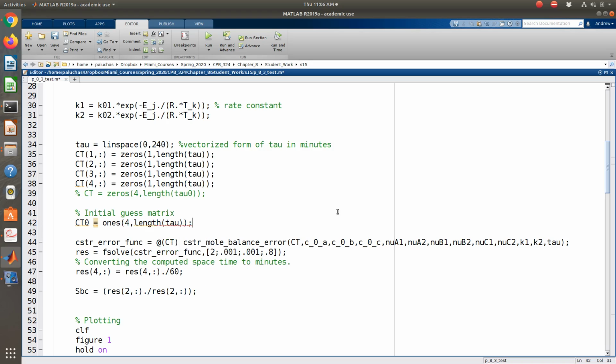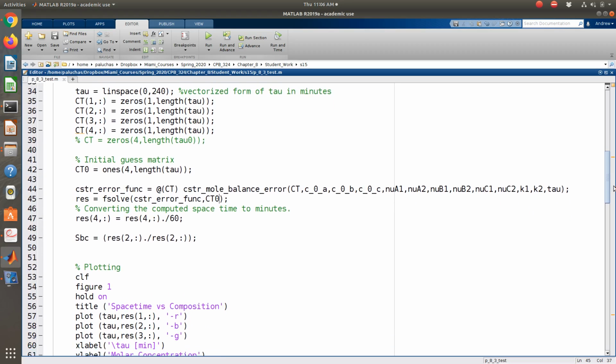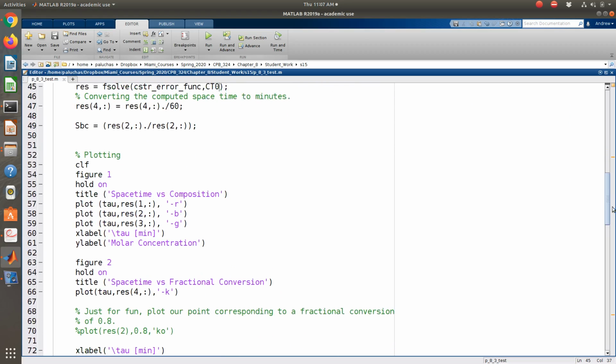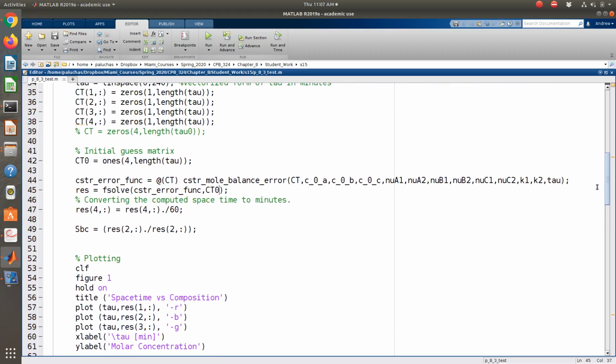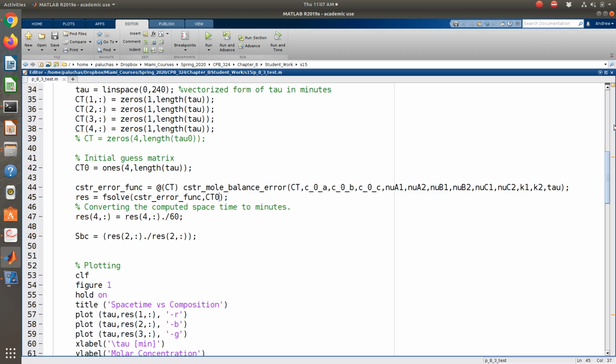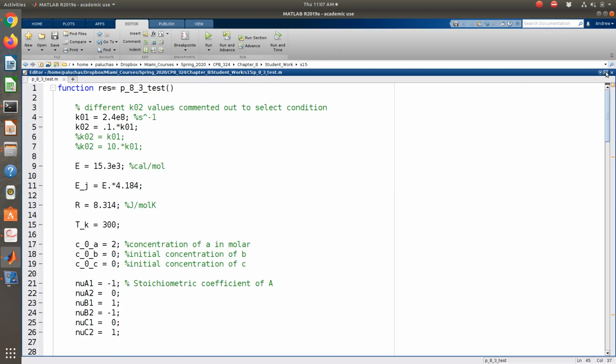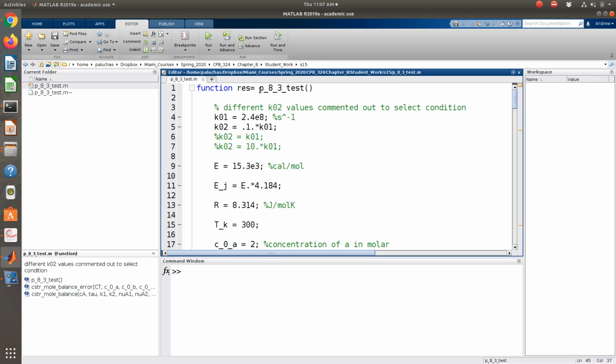Okay, so we can have an initial guess of everything is 1. If you want to change it, we can. And so then here, I'll do CT naught. Okay, now in theory, I suppose you could do this, but I'm having a hard time picturing getting this to work.